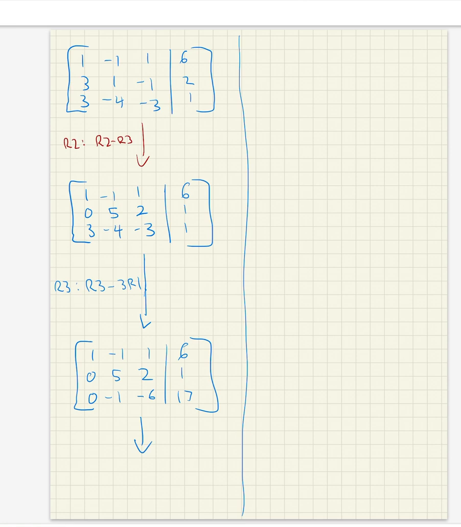Okay, so my next operation then is going to be swapping row 2 and row 3. And the reason I'm doing that is because I noticed a 1 in the bottom row.